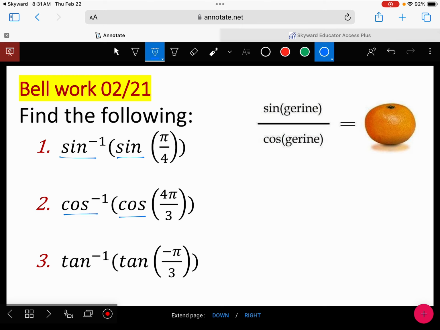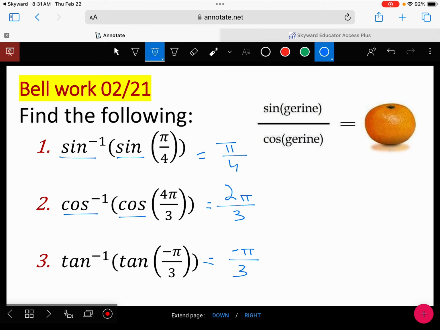And now we're going to explain why that happens and when that happens. So here, if we remember our answer was pi over 4. For number 2, our answer was 2 pi over 3. And for number 3, our answer was just negative pi over 3.